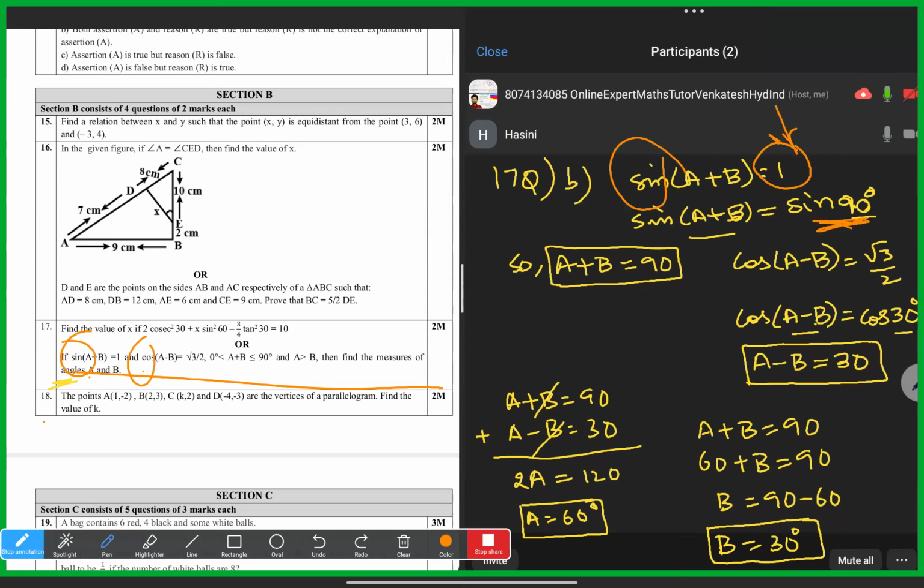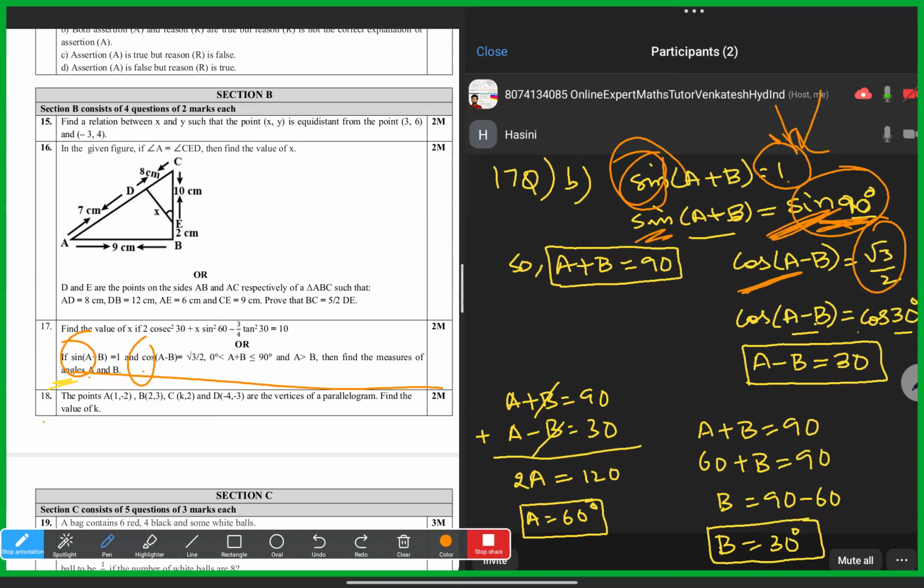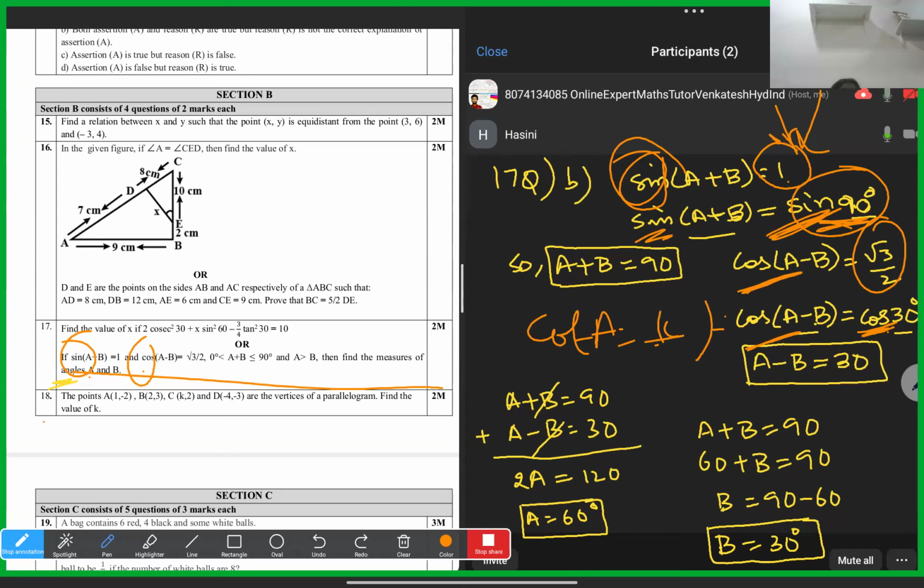Here sine is there, so 1 will be for sin 90. Sine is given, so we have to remember it and write it. Here cos is given, so in the cos column root 3 by 2 will come for cos 30, so we should write for cos. Similarly, if cot is given, then whatever value they give, the particular angle of cot we have to write.